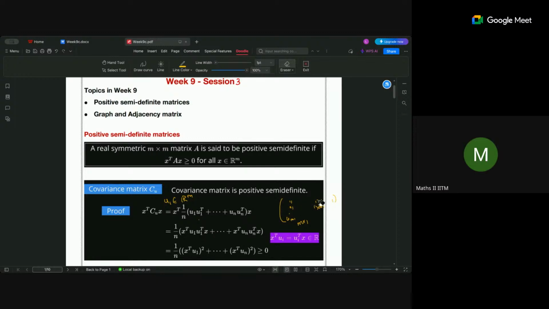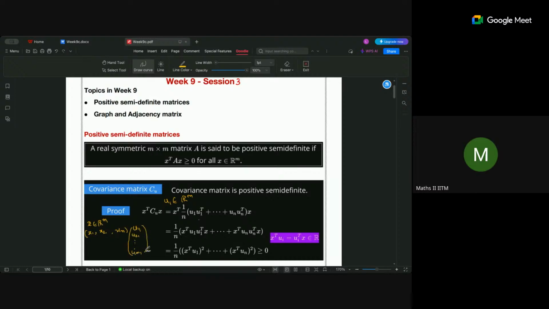Now look at this part, X transpose u1. What is X transpose u1? Let us say X is some vector in Rm. Now X transpose is x1, x2, up to xm, and your u1 is u11, u21, up to um1.